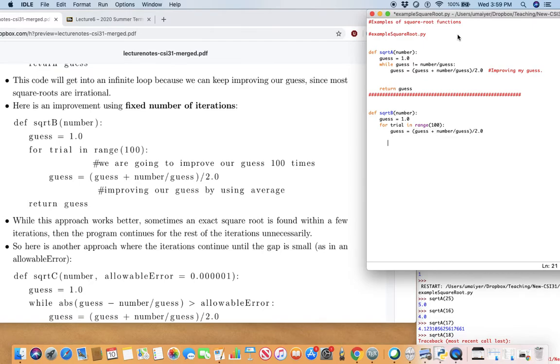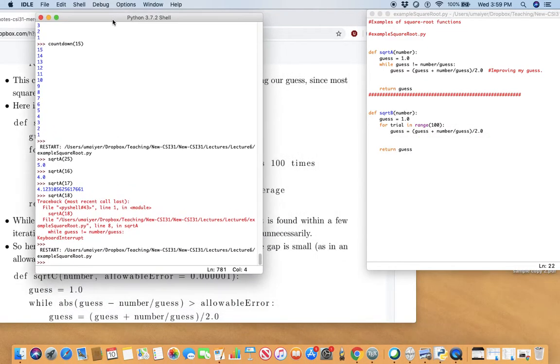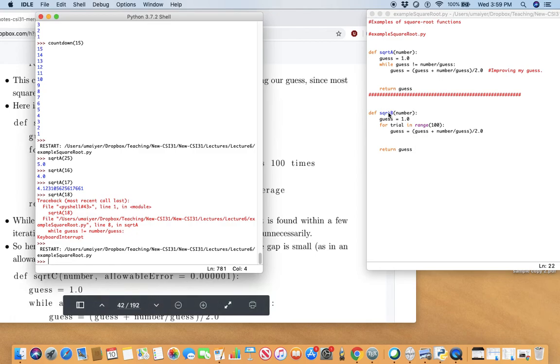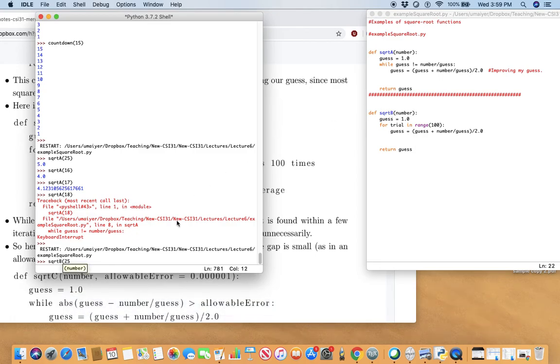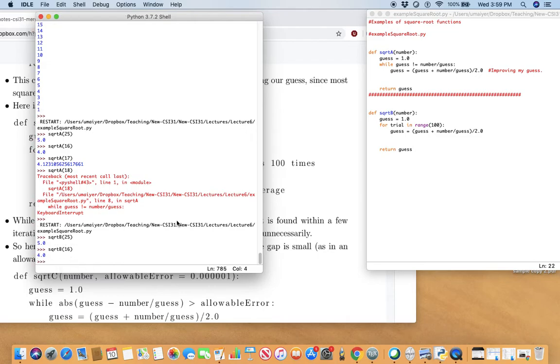Now return it. Save. Run. So this function is called square root b of 25. Square root b of 16 is good.